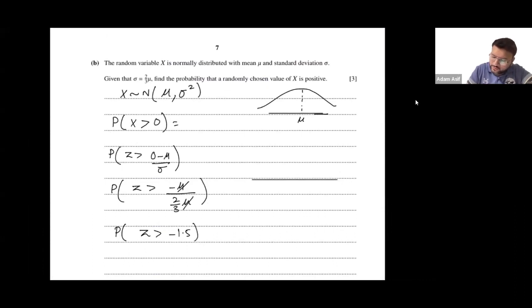So since the z value is minus 1.5, that means that the value of 0 is towards the left side. So the z value is negative. Now I want to find the probability of z greater than minus 1.5, which is this area. So you're going to go back to the table and read the body area at 1.5.